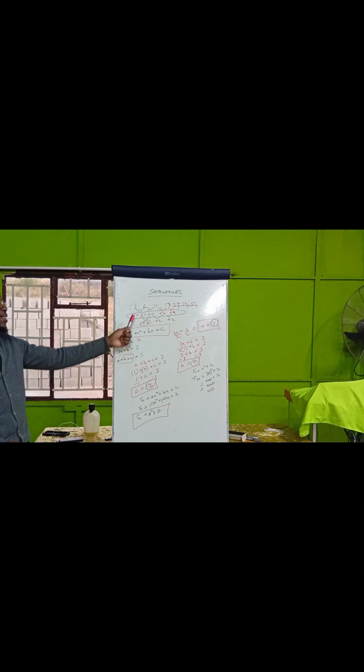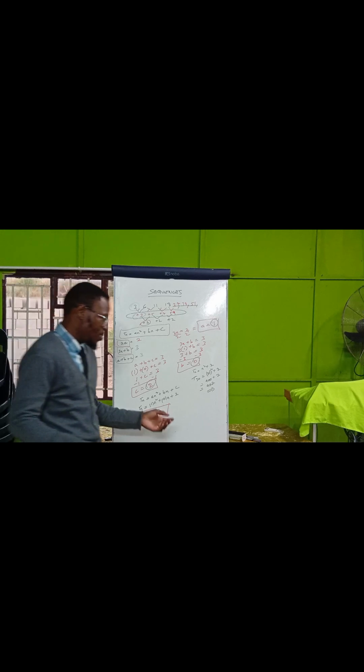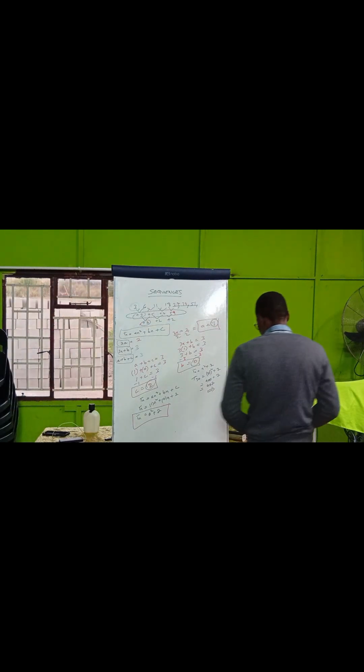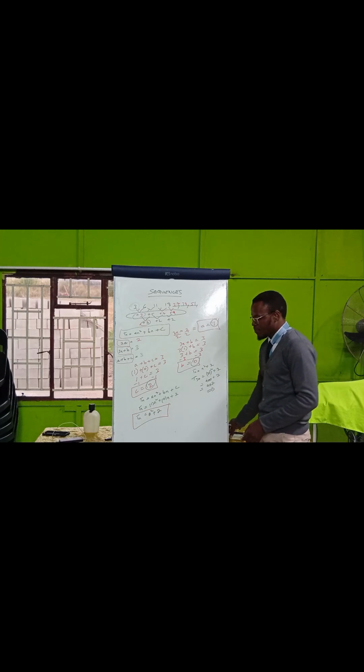Then 2a is the common term, the second difference. So that's how we do quadratic sequences.